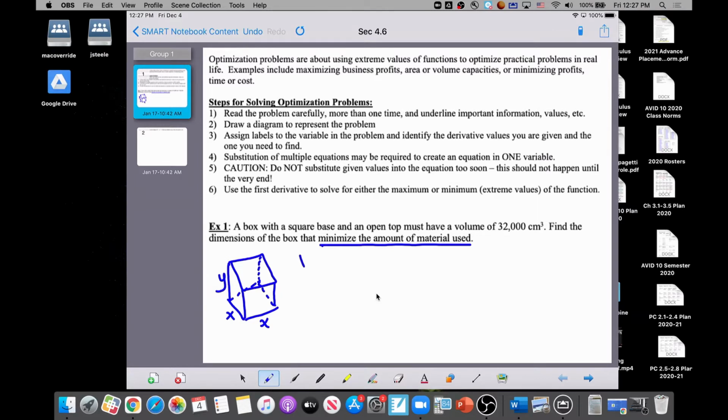I know that the volume of this box is going to be length times width times height. So our volume here is going to be X times X times Y, or X squared Y, and we know that has to be equal to 32,000. But my job in this problem is to minimize the surface area of the box.